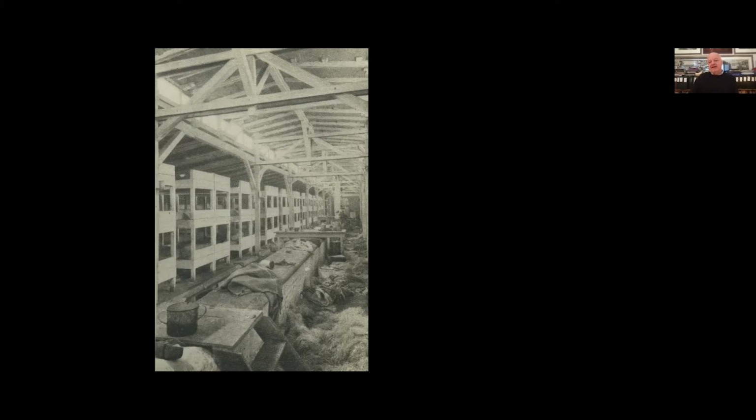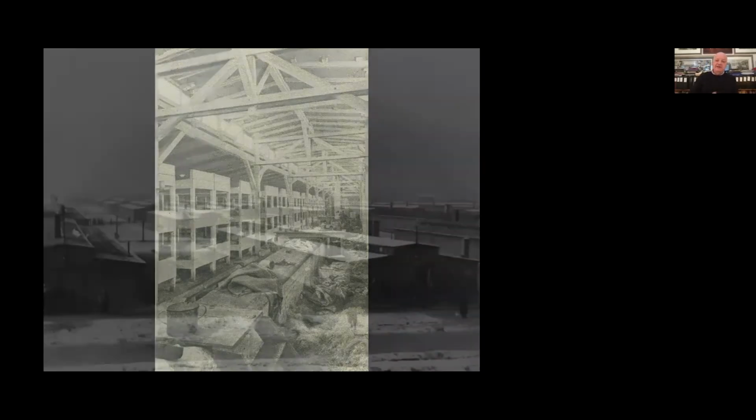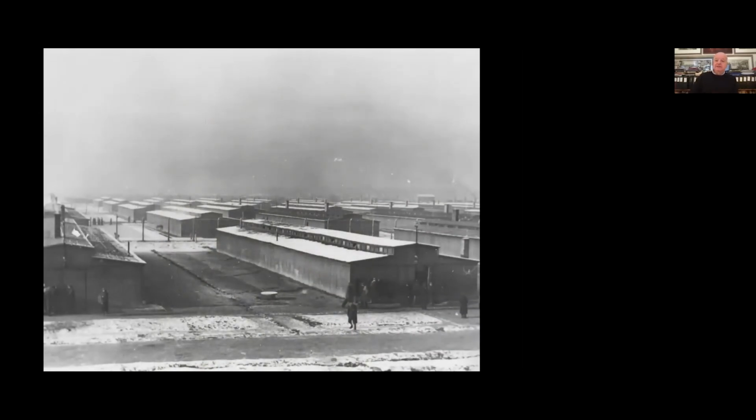These became the standard barrack in Birkenau, constructed from 1942 onwards. And here we have a wartime photo taken from one of the guard towers at the perimeter of Birkenau in the winter of 1942-1943.